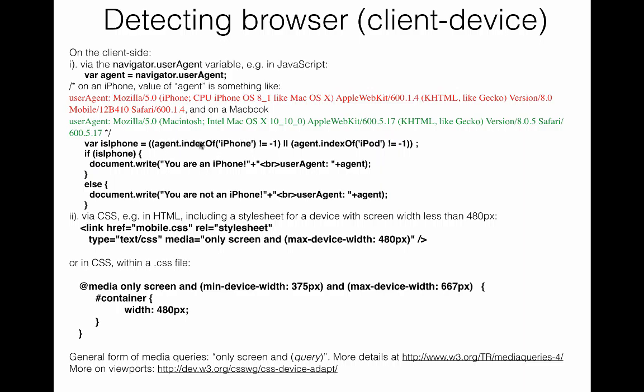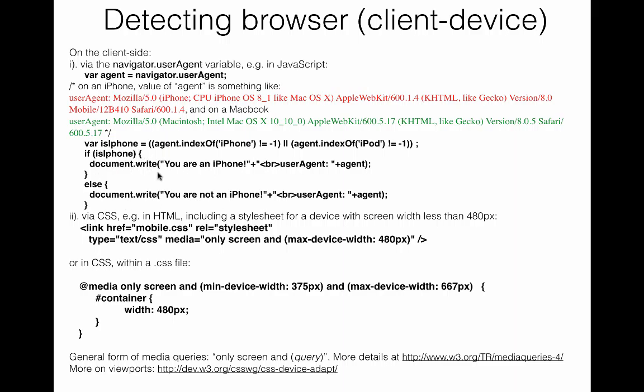In other words, if it's an iPhone, then it's not going to be -1. Or if it's an iPod, it will be not -1. So this will be true. It will contain the string iPhone if it's really an iPhone, and the string iPod if it's really an iPod. And if it's an iPhone or an iPod, then you will write this, otherwise you write.